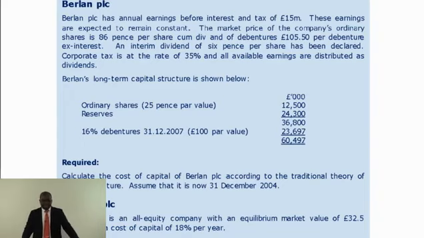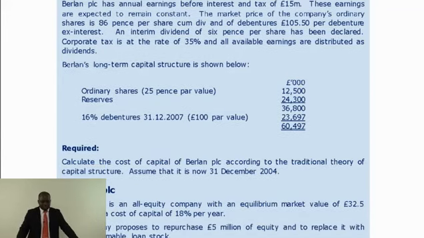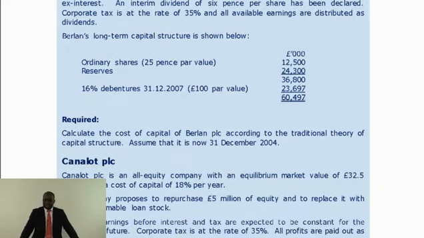Corporate tax is at the rate of 35%, and all available earnings are distributed as dividend. Belland's long-term capital structure is shown below: ordinary shares, reserves, 16% debentures, 100 par value. Required: calculate the cost of capital of Belland PLC according to the traditional theory of capital structure. Assume that it is now 31st December 2004.